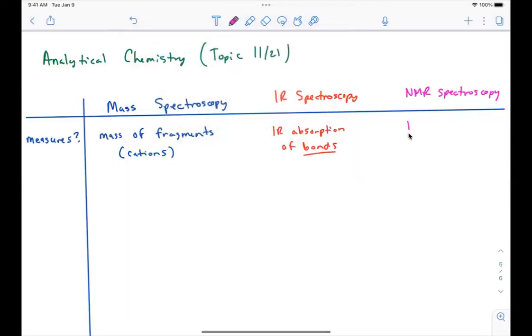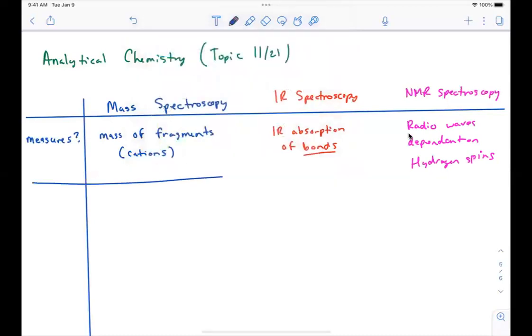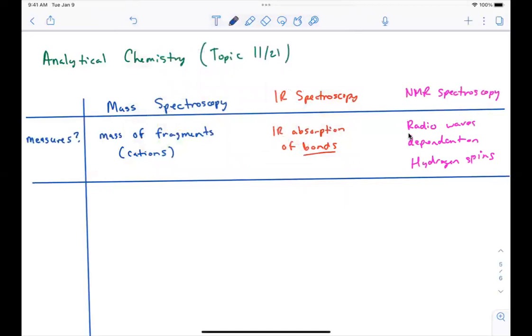NMR spectroscopy talks about radio waves dependent on hydrogen spins. Okay, so you're measuring the radio waves that are essentially emitted by the hydrogens in the organic molecule that are spinning.